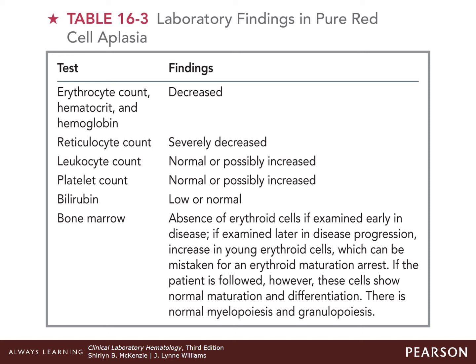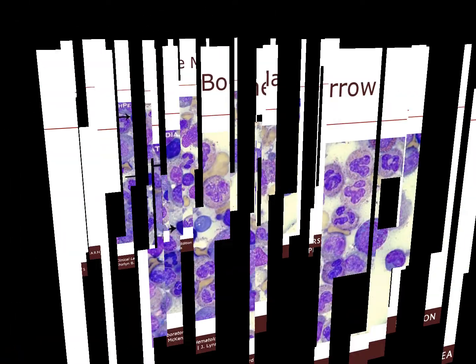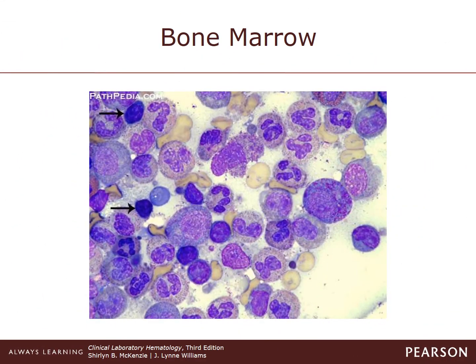Now, in the bone marrow, you're going to see an absence of precursor cells. So see the arrows? Usually your myeloid to erythroid ratio is 3:1. In this slide where the arrows are pointed, those are the only 2 red cell precursors in the bone marrow. So it is definitely severely decreased.